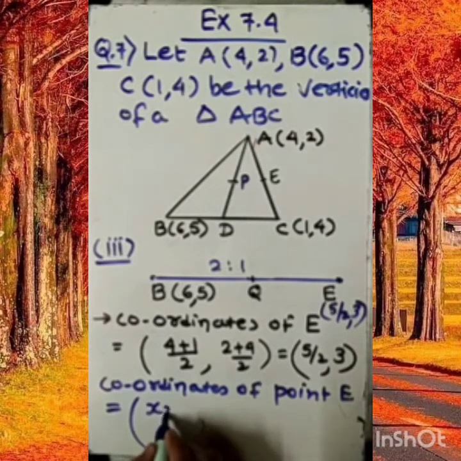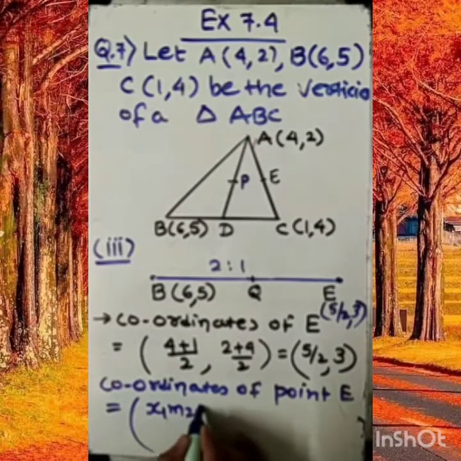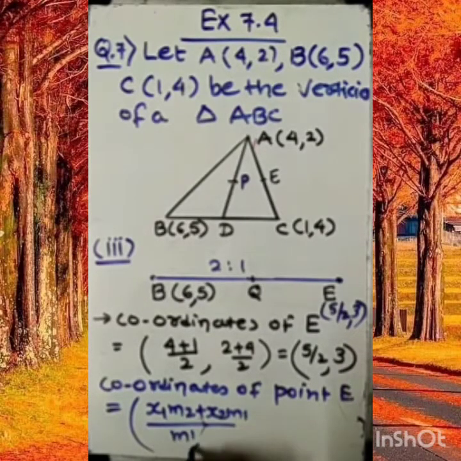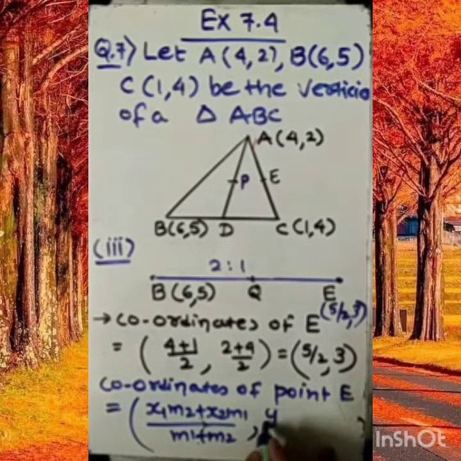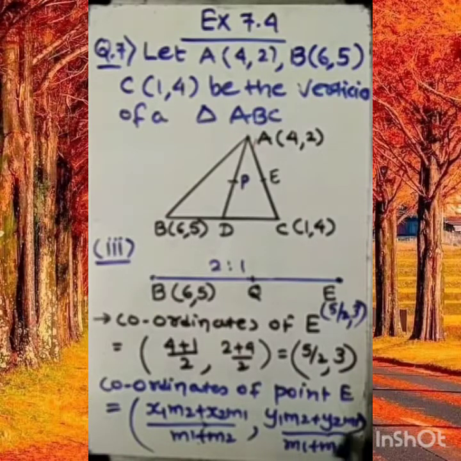X1 M2 plus X2 M1 upon M1 plus M2, comma, on this side Y1 M2 plus Y2 M1 upon M1 plus M2. Okay, dear student, this is the formula. Now we need to apply the proper value at the proper place. Let's see what the solution could be.